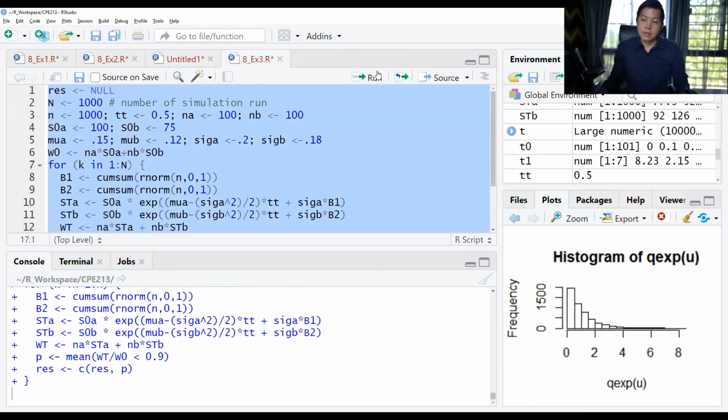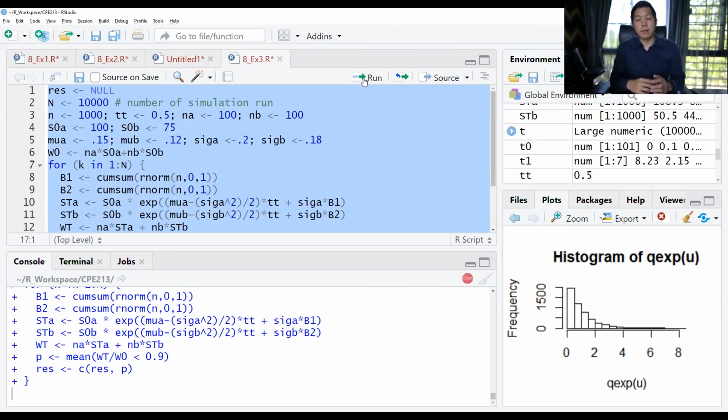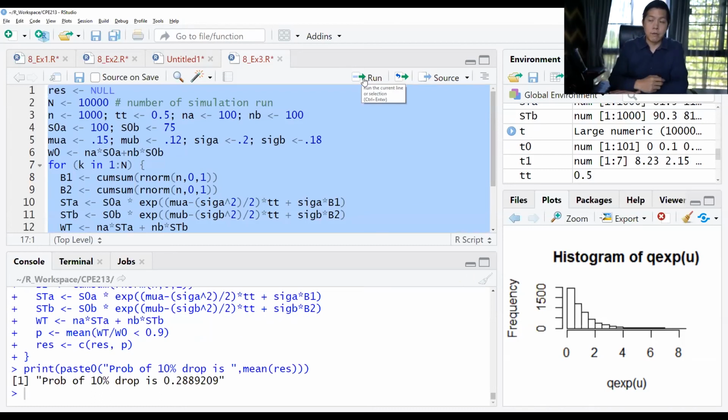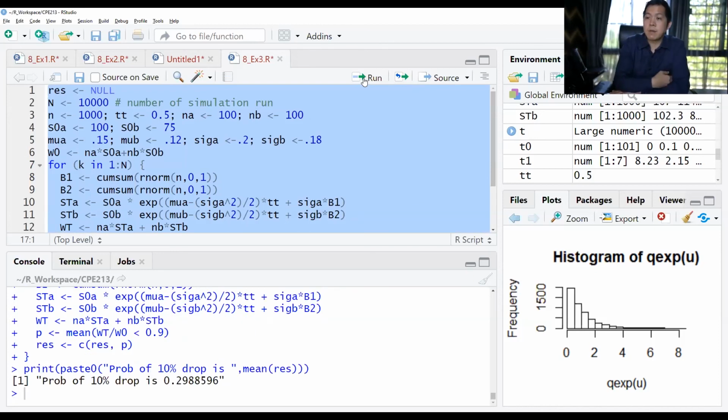Okay, so 30%. If you increase it to 10,000, the value would be a lot more stable. But again, you see that it requires lots of time to calculate, and the value would be kind of saturated to 0.28, 0.29, about that. So here is the Monte Carlo simulation that is used to simulate the price, and then you repeat it a lot of times, then you get the projection of the strategy.